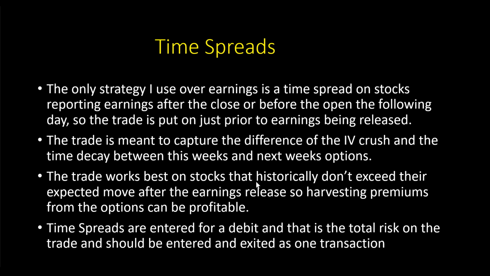Market makers price their options based on what they think the stock is going to do. They don't know which direction it's going to go in, but they do know that it's going to move. So they set their premiums on the options based on what they think. If they think the stock is going to move 15% up or down, then that's how they're going to set their premiums on their options.